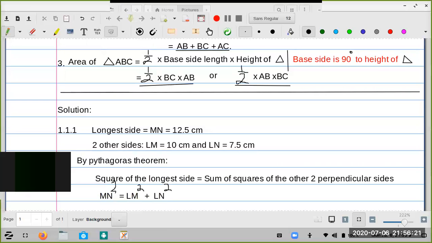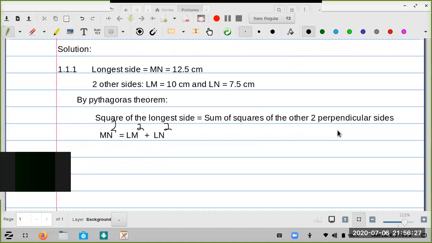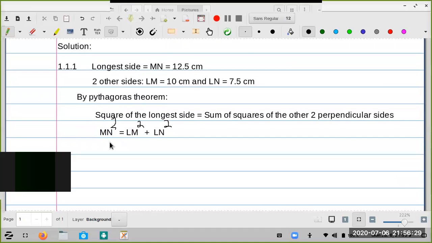Then from the definition, I put symbols. From symbols, I substitute. MN squared is 12.5, I will square it later, and must be equal to LM, which is 10 centimeters, plus LN, which is 7.5 centimeters.